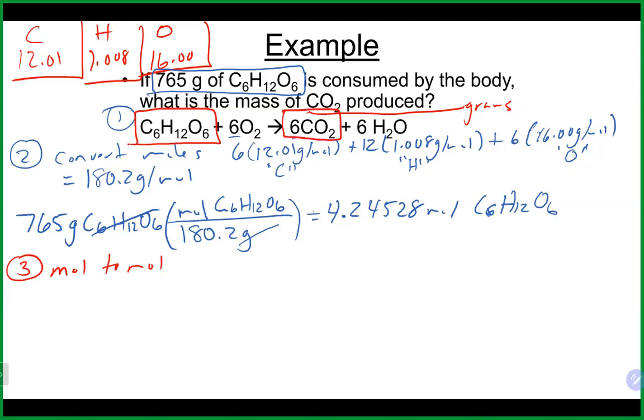So it really is those 2 that we're interested in. From the balanced equation, we see that for every 1 mole of C6H12O6 we toss in there, we will get 6 moles of CO2 out. That can be used for our 2 conversion factors, and if you want to write them, you can, something like this.